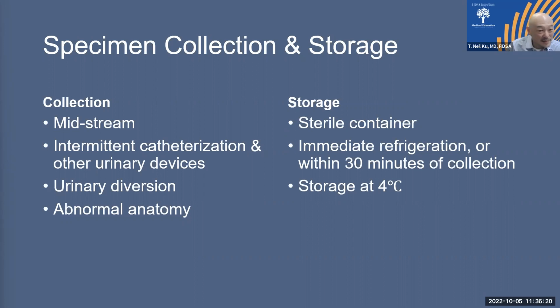Let's say a patient has a urinary diversion, whether a percutaneous nephrostomy tube or even an ileal conduit. Collecting urine from those is problematic, because it will always contain bacteria or have some abnormal findings that don't necessarily correlate with what's really going on with the patient. But the test itself will not differentiate that.